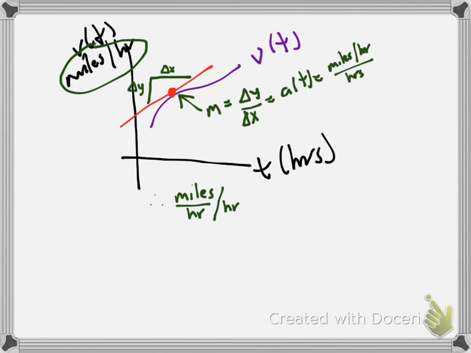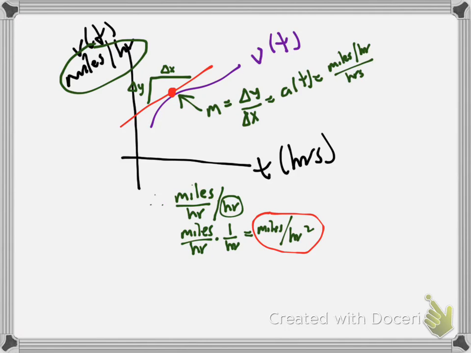So we have miles per hour, or if you look at the fraction, miles per hour times 1 over hours. So divided by hours, or times 1 over hours. So we get miles per hour squared, or miles per hour per hour. And that's why acceleration is in miles per hour per hour.